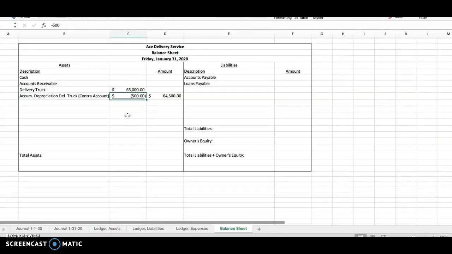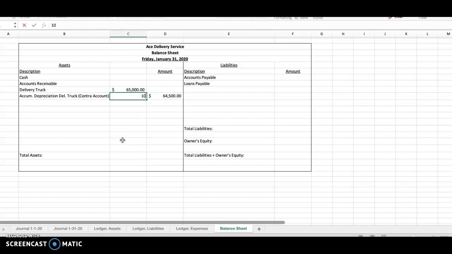Now, as you know, in Excel, the parentheses indicates a negative number. So that's why that is in parentheses. So then when this is subtracted from the $65,000, the net value at this point on January 31st is $64,500. At the end of February, as I indicated before, that accumulated depreciation account continues to add money, $500 every month.